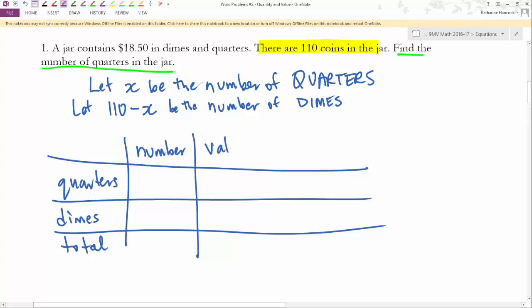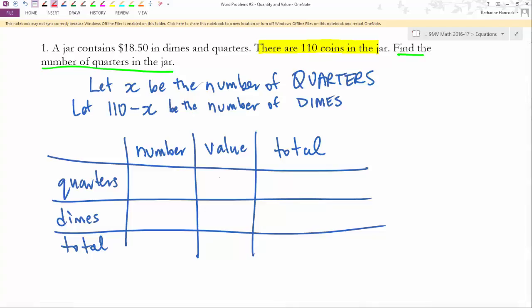I'm going to look at the value of them, how much they're worth on a single one, and then the total for all the quarters that we have. Another thing I like to do is, you can do stuff in decimals or you can do things in dollars. I like to do stuff in decimals, so I know that my total value is going to be 1850. So we'll leave that for a bit.